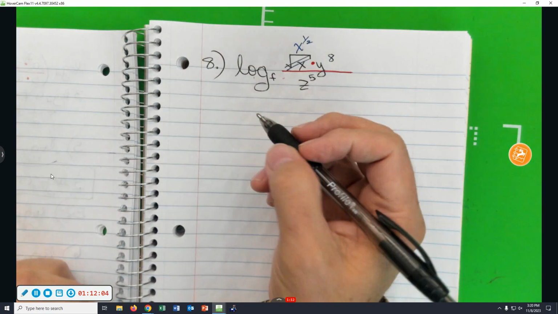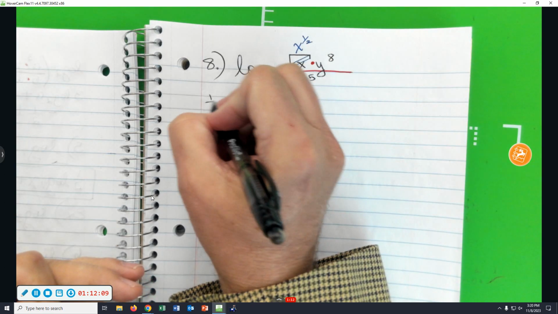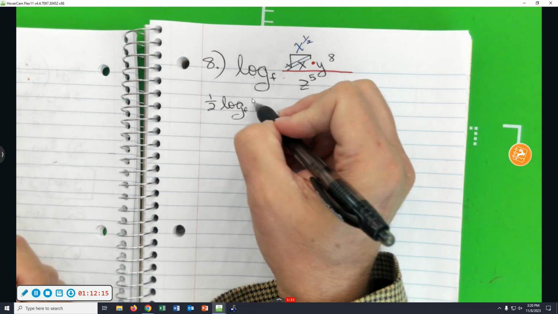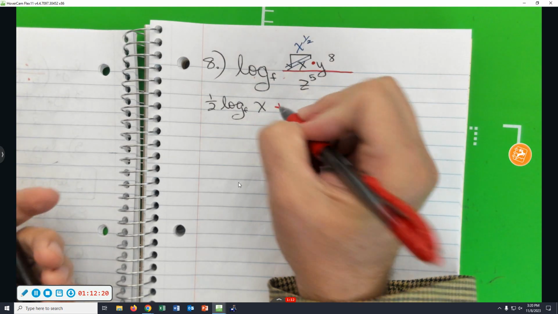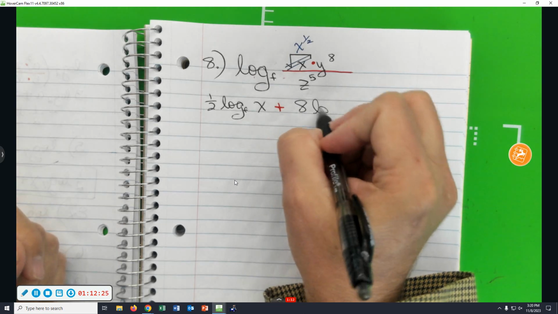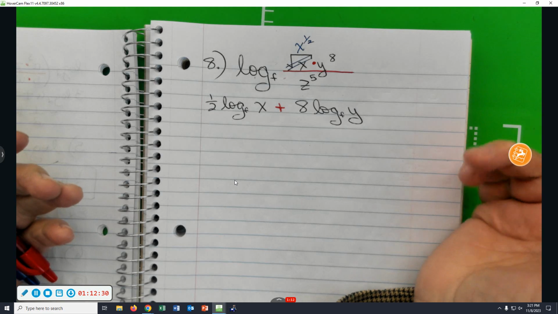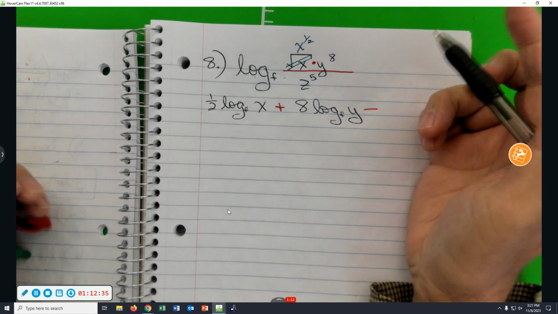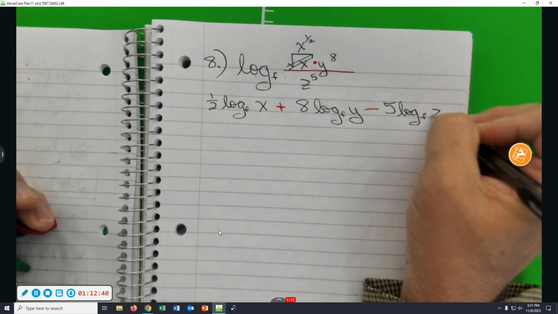Okay, will the first logarithm have a coefficient? If so, what is it? 1/2 log base f of x plus or minus, plus, because we're still on top, coefficient log base f of y plus or minus, minus, because we're moving down to the denominator, coefficient 5 log base f of z.